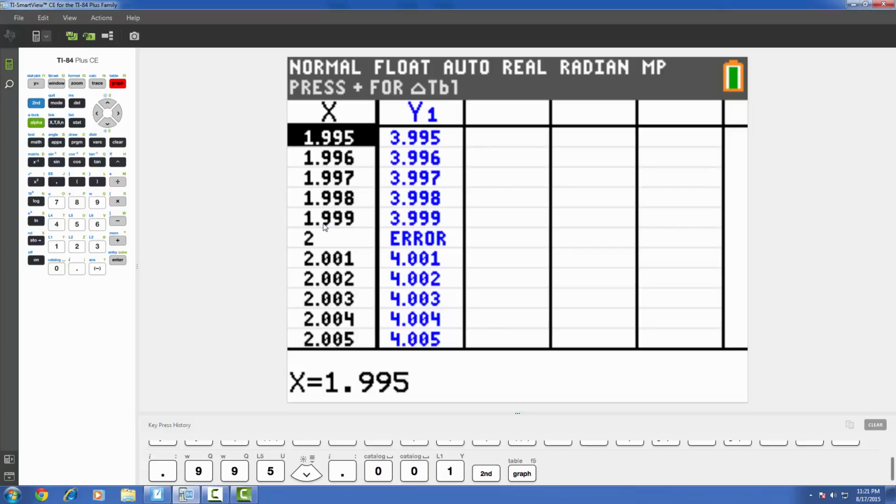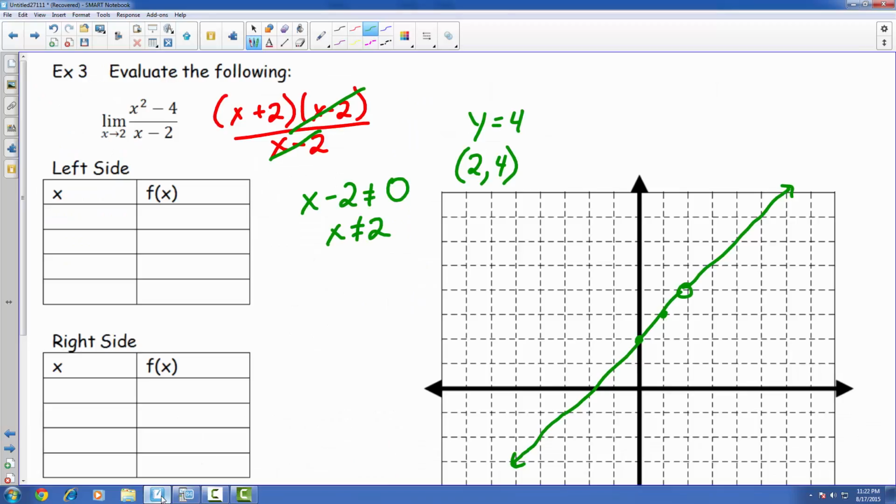All the way until 1.999, and then this would be considered your right side, because you're just a little bit past 2. But the idea is, as you approach 2 from the left, if we go back to the graph, we notice that we're getting really close to the value 4.